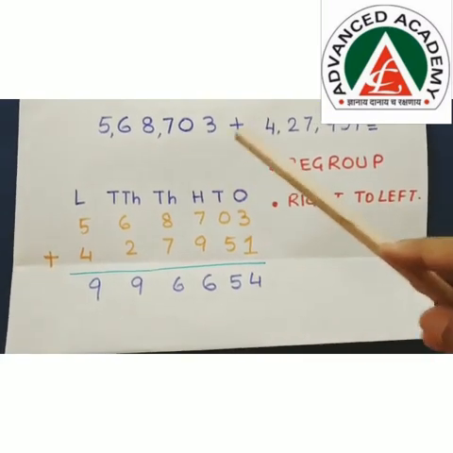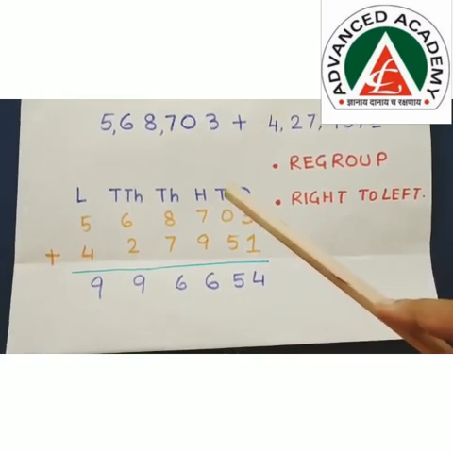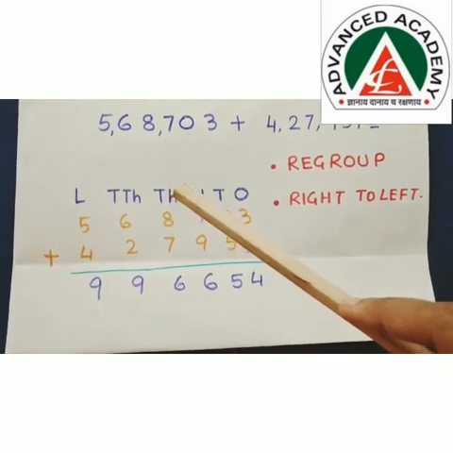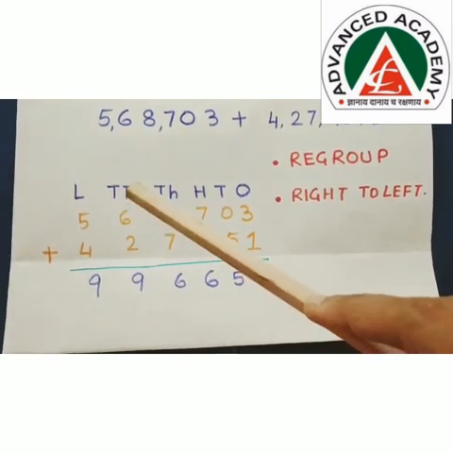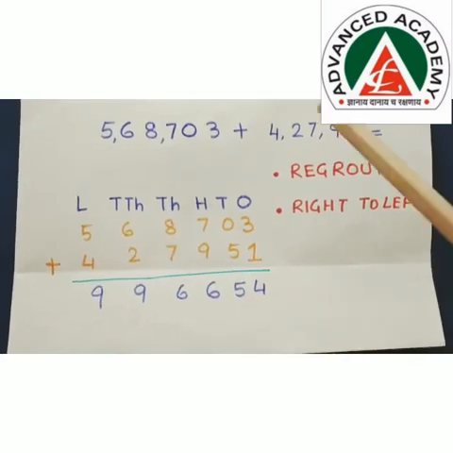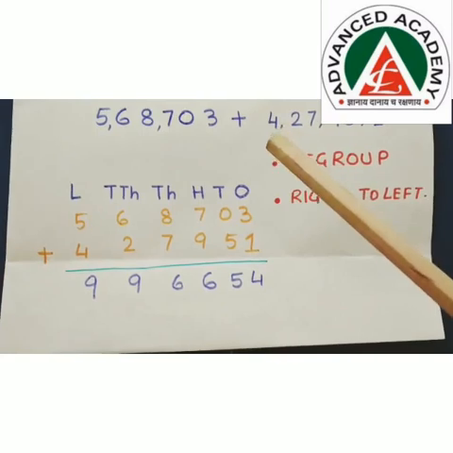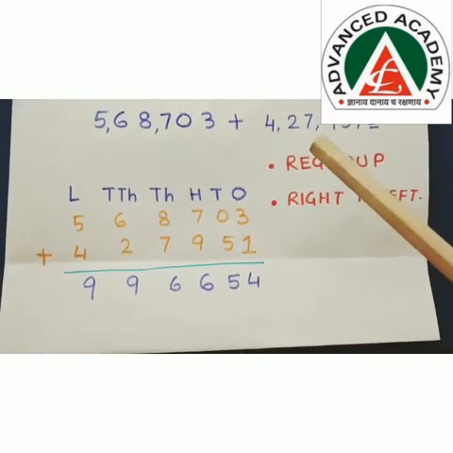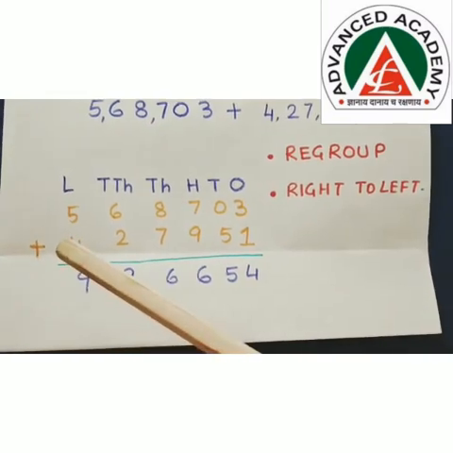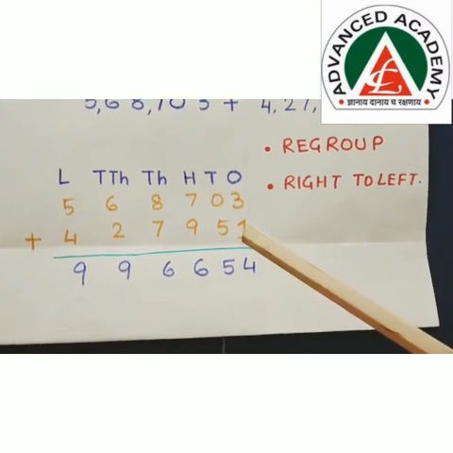As we can see, 3 is in ones place, 0 in tens place, 7 in hundreds, 8 in thousands, 6 in 10,000s and 5 in lakhs. Similarly, we will place the other addend, that is 4,27,951, according to its place value.